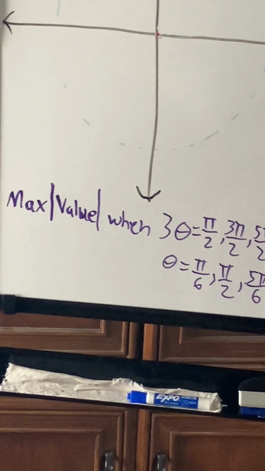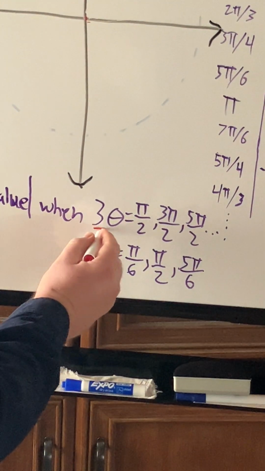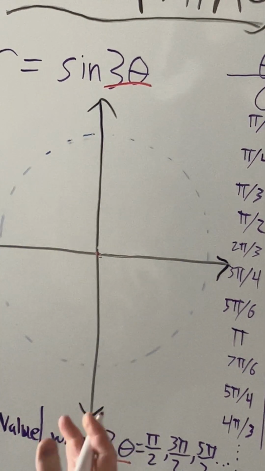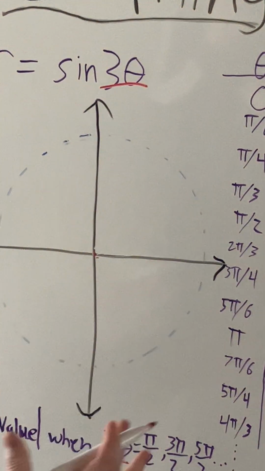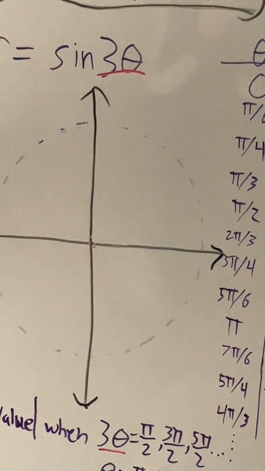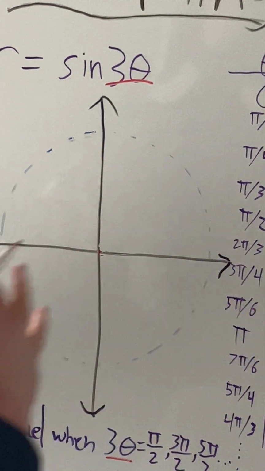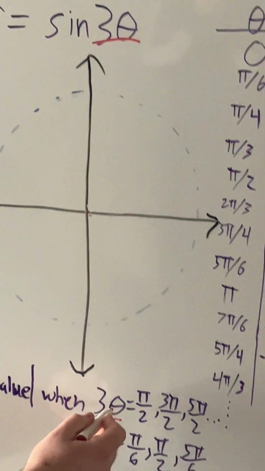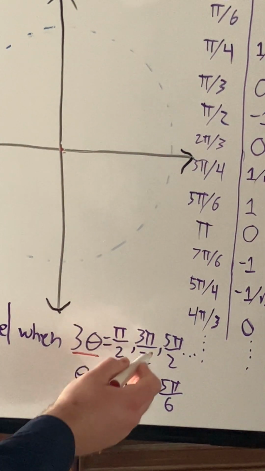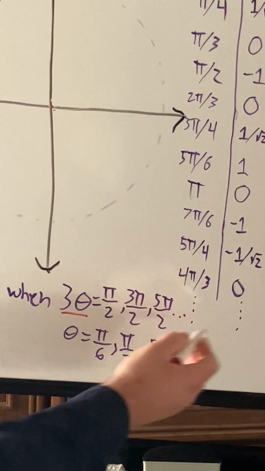In this case, that's going to be when 3 theta, which notice 3 theta is what we're taking the sine of, is equivalent to the angles where sine gets its largest value, which is going to be 1 or negative 1. And that's going to occur at 90 degrees, or pi over 2, 270 degrees, or 3 pi over 2, 5 pi over 2, and so on.